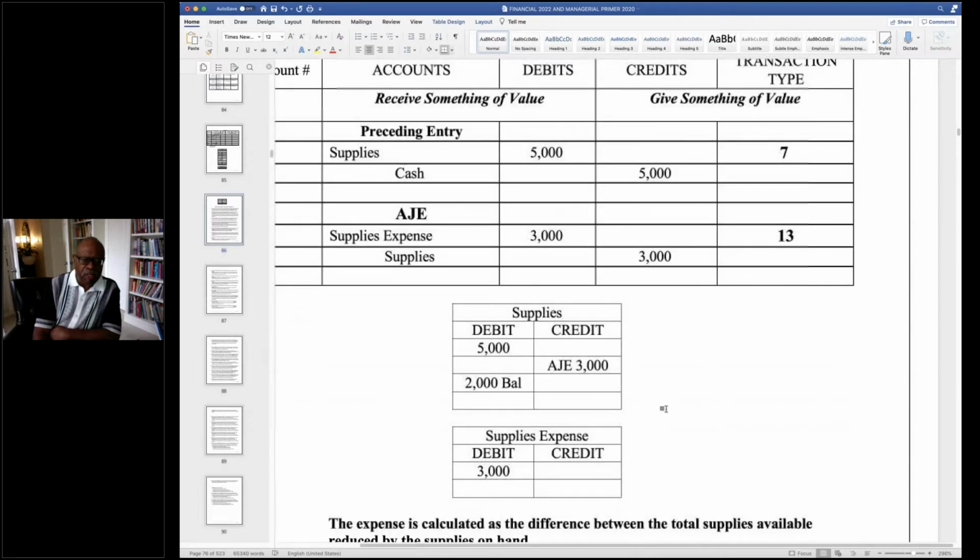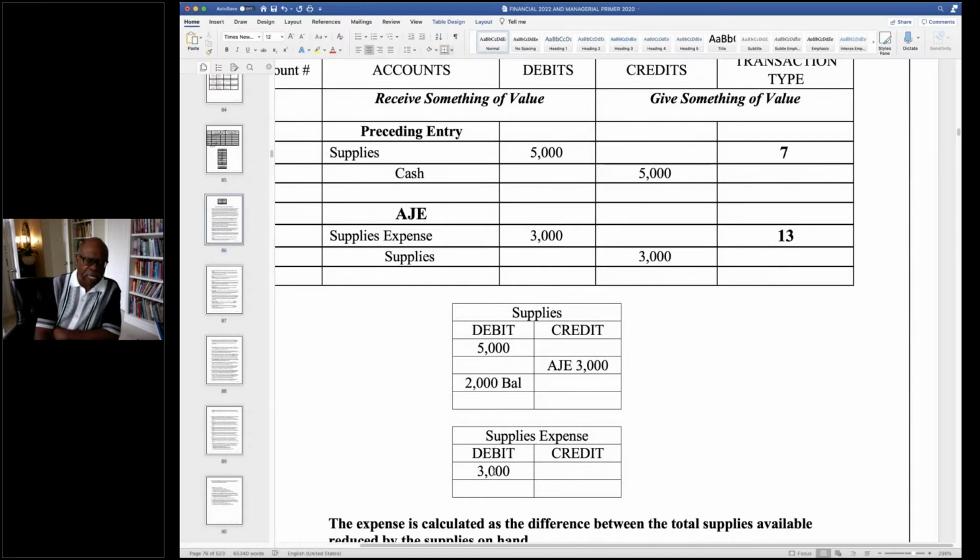And then the T accounts are posted, so we see it a little bit better. 5,000 was in this asset account. It is no longer an asset, all of it, $3,000 of it. So we make the adjusting entry, and of course we posted it now.